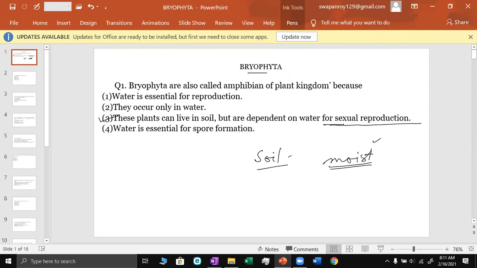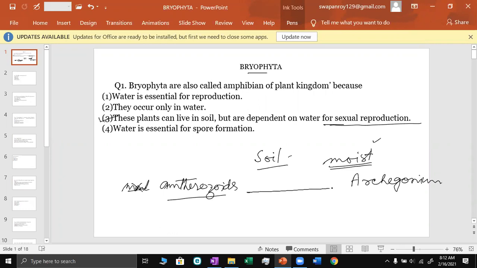Because the male gametes, the antherozoids, reach the archegonium by swimming, and for that at least a droplet of water is required.